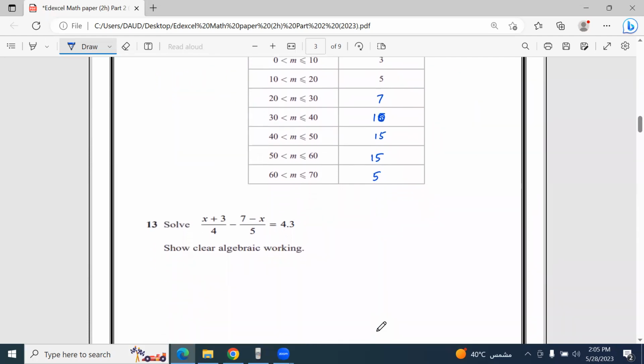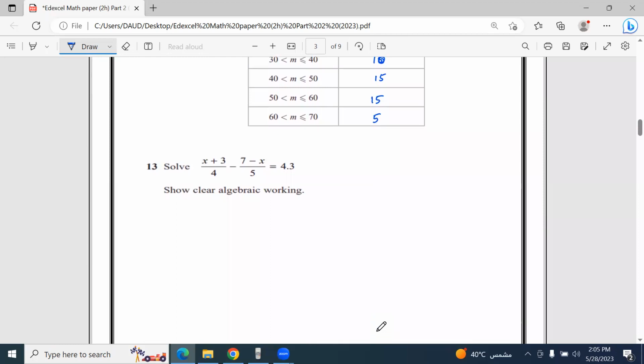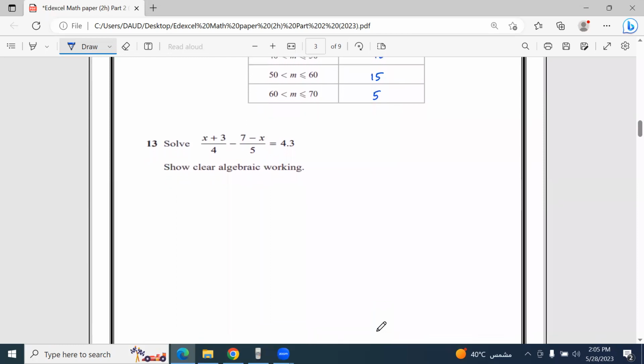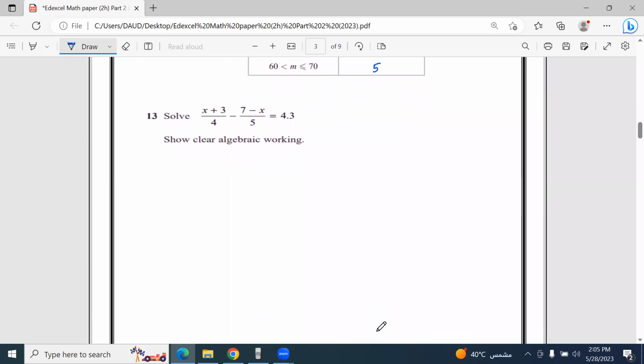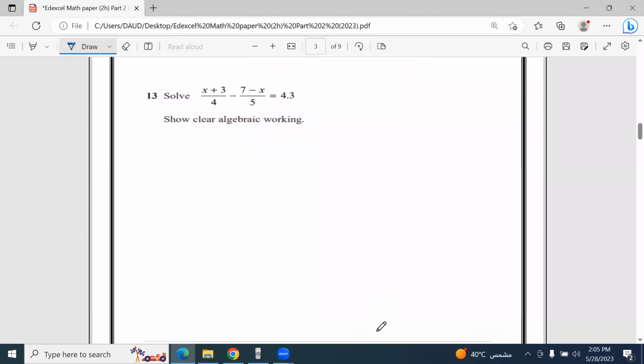Next, solve this equation and show clear algebraic working. So I will see first the LCM of 4 and 5, which is 20. Try to make the denominator the same. 4 minus 7 minus x over 5 is equal to 4.3.